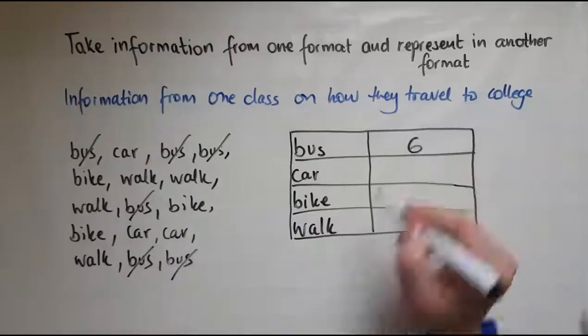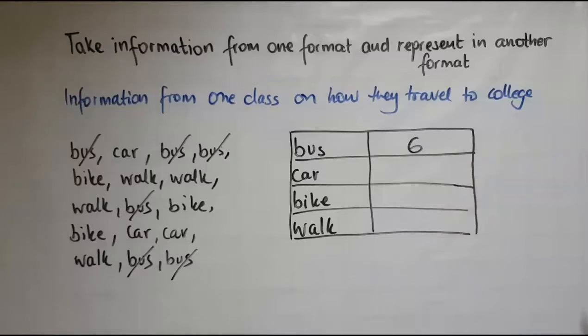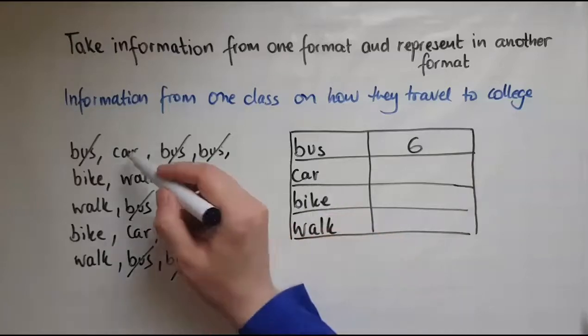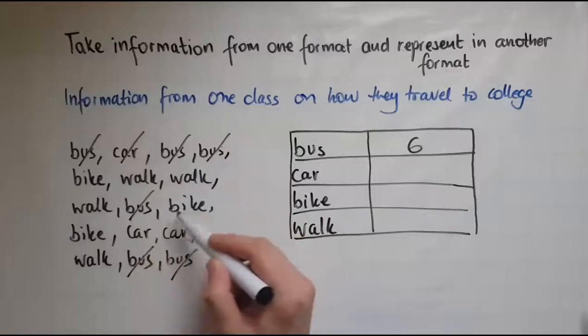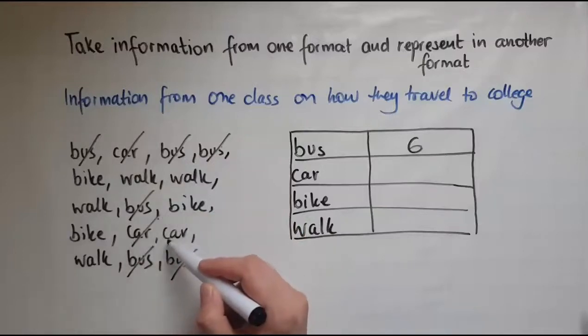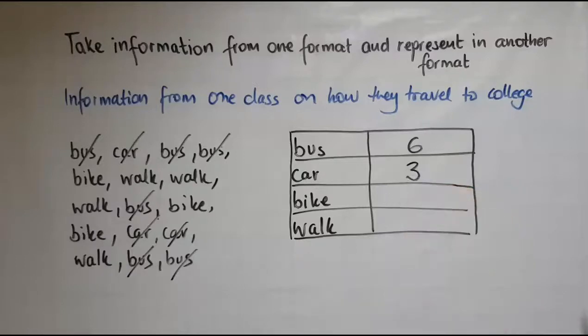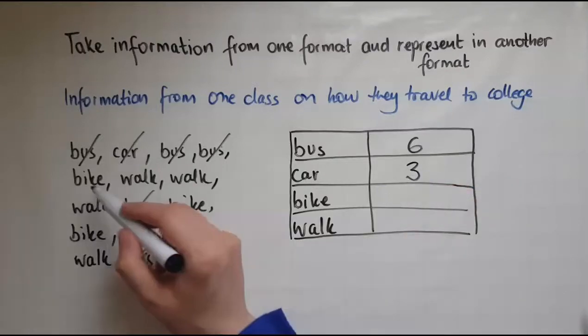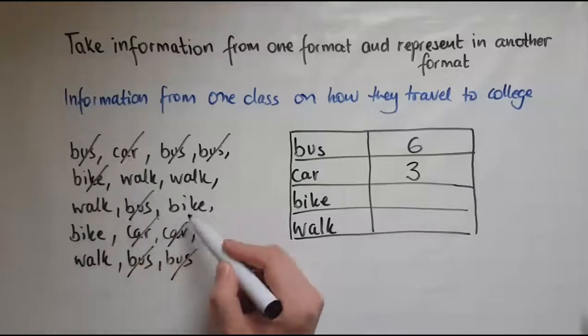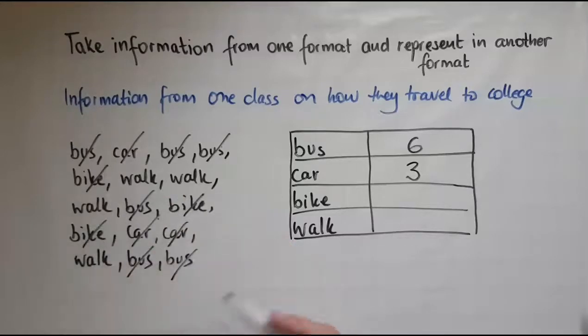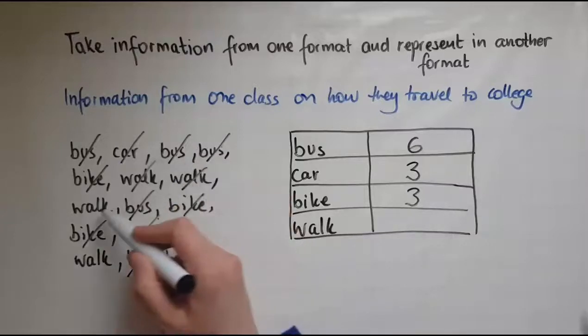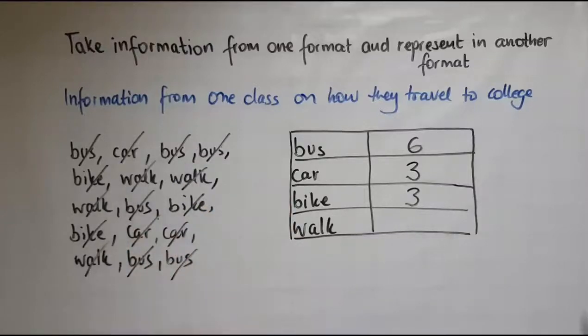So there are 6 who travel by bus. And car, we've got 1, 2, 3. 3 people travel by car. Bike, 1, 2, 3. And walk, we've got 1, 2, 3, 4.